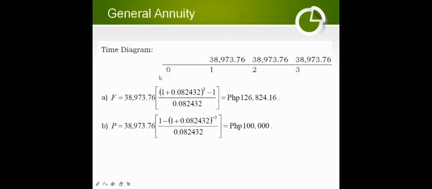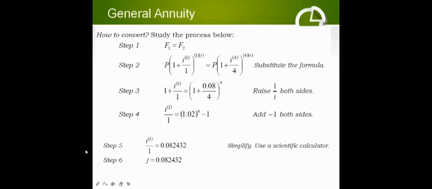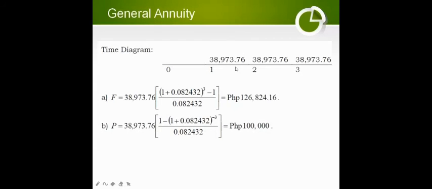Now, ito yung mangyayari. For the future value, future amount using the formula, you have 38,973.76 times 1 plus 0.082432, yung dissolve natin kanina for the I, the interest.